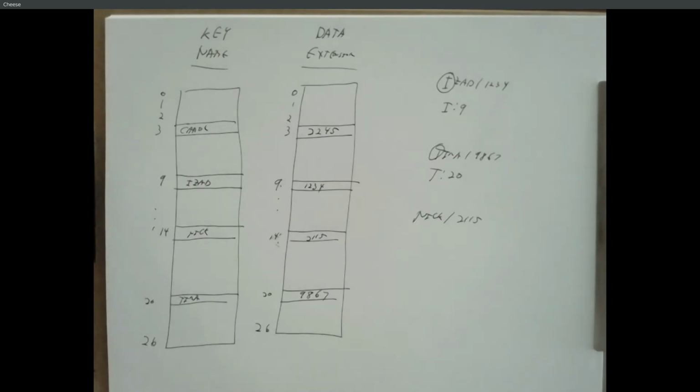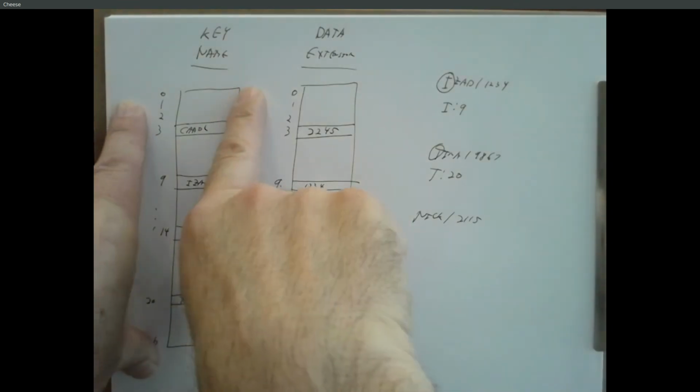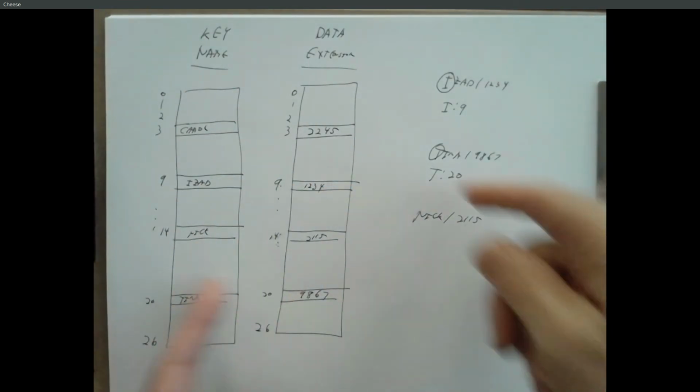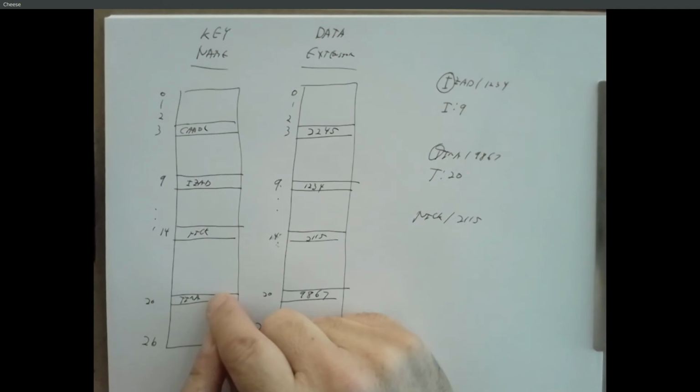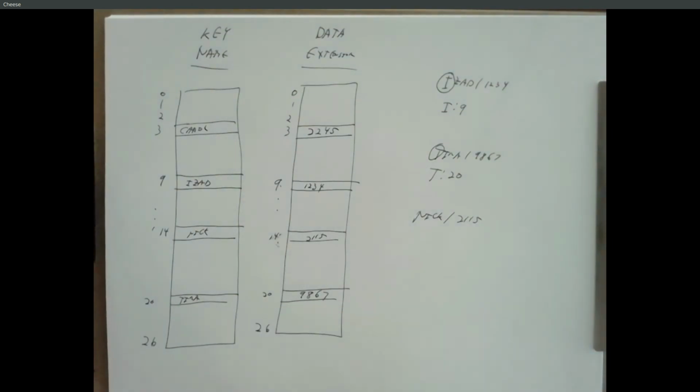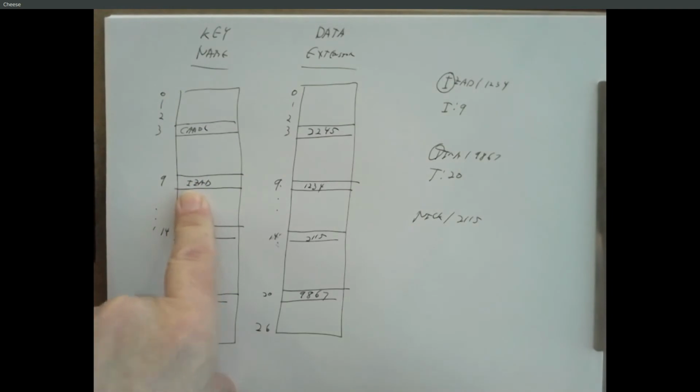Now, if we have 10 character names, 26 letters, that's 26 to the 10th possible names. If I made my array that big, I could have a separate spot for each possible name. That's usually not feasible. So usually we don't have enough space for every possible name, which means there's a possibility of what we call collisions. So a collision is when two things try to go into the same location.